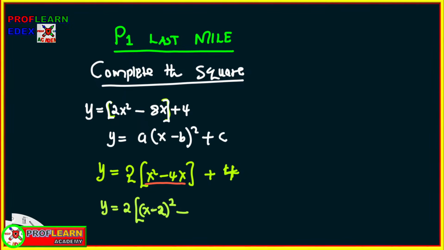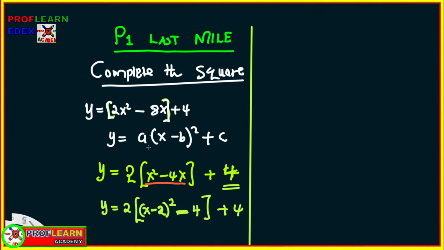So that in any case, whether this is negative or positive, you will always subtract outside here, and you will have 2 squared, which is going to be, you subtract 4, then plus the 4 that was already there. So upon having that, now we need to simplify that further.